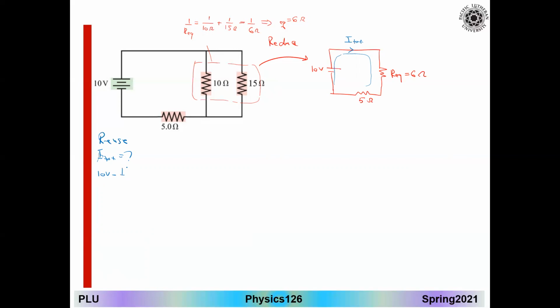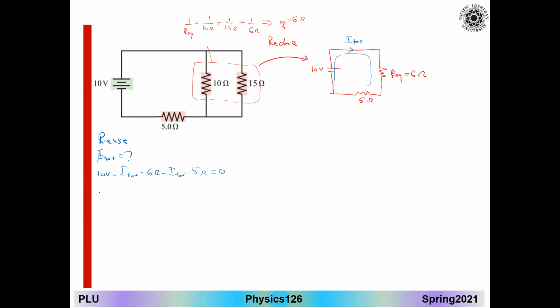Here is the I total times 6 ohm. And then the voltage difference across the 5 ohm will be I total times 5 ohm. This entire algebraic sum equals 0.